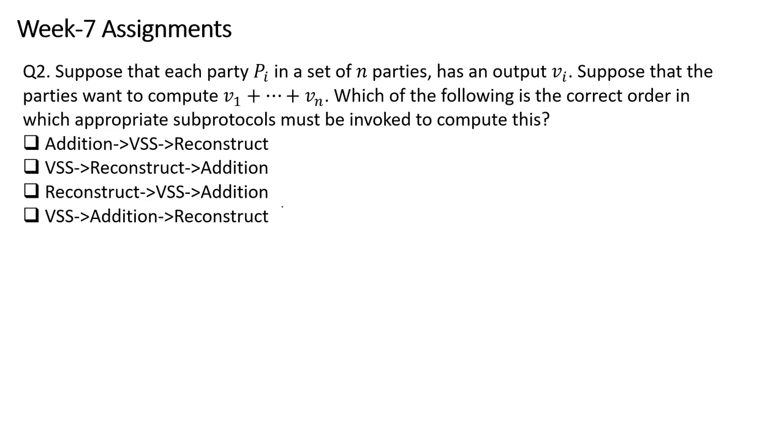So from the options, we can see that the subprotocols they are talking about are the protocols addition, reconstruction and verifiable secret sharing. So these three are the subprotocols, and in what sequence should we combine these three subprotocols to achieve a protocol that allows the parties P1 to Pn to compute the summation of V1 to Vn.